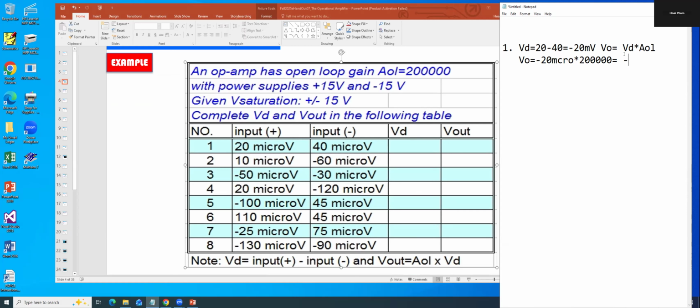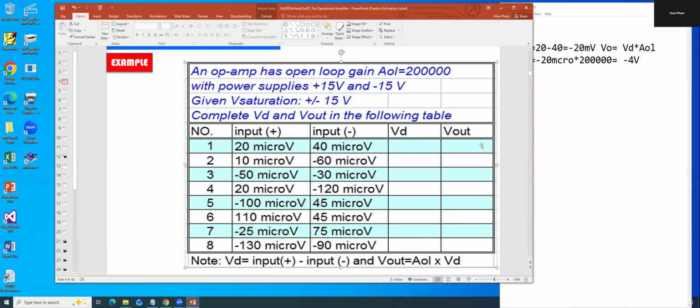Okay, let's see. 20 times 200,000, divide by 1 million. Is it minus 4 volts? That means VL is minus 4 volts.